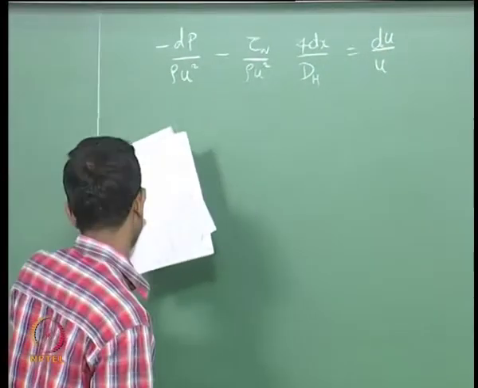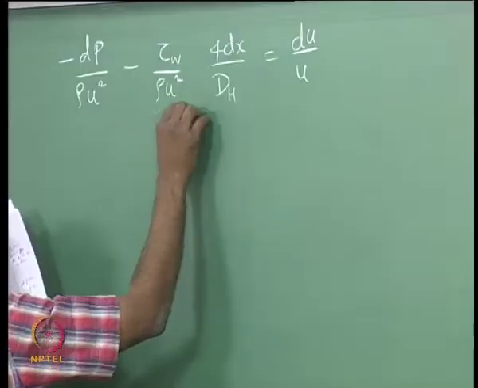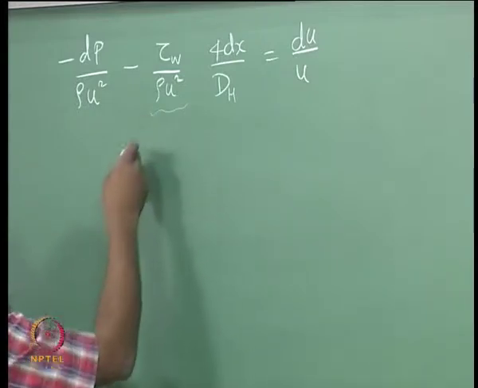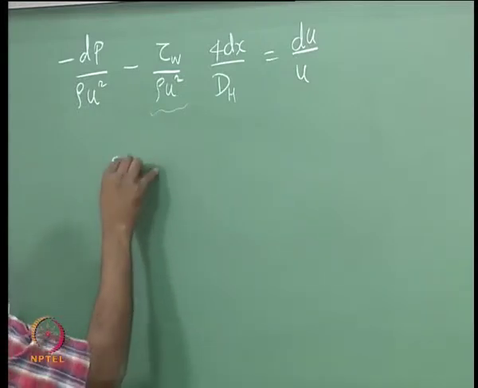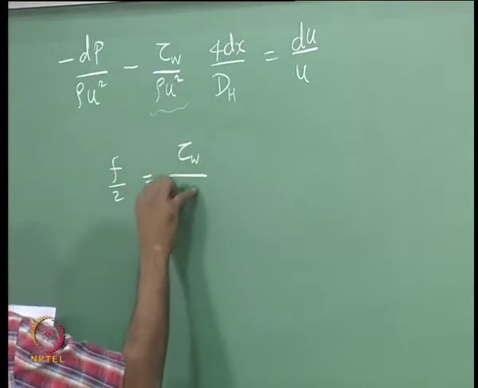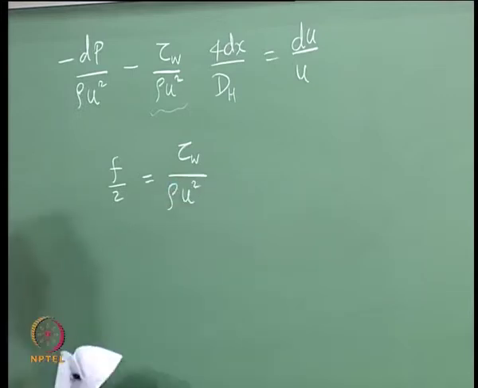We wrote it like this, and then we took a deviation and tried to get to one particular form in terms of the Fanning friction factor f. This can be written as f by 2 from last class's definition. You can get it to this particular form. You can just rewrite it as f by 2.